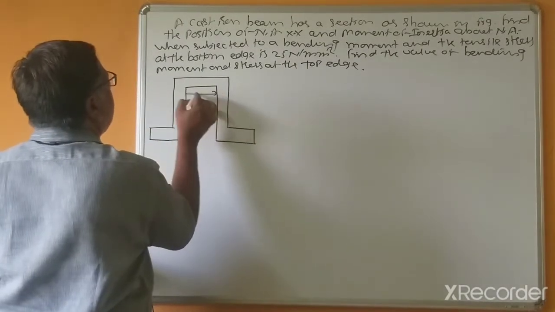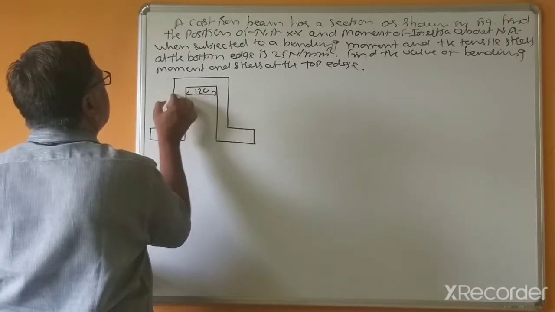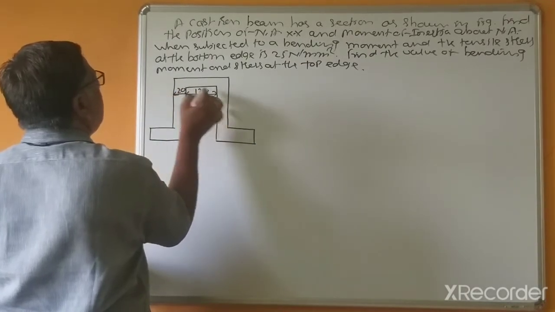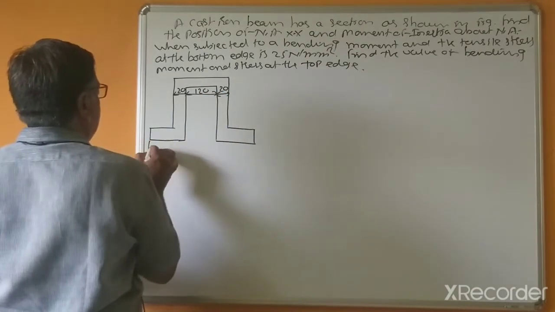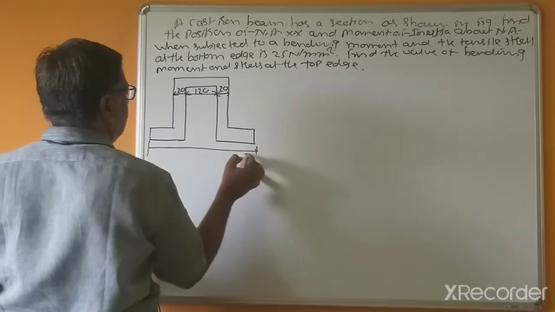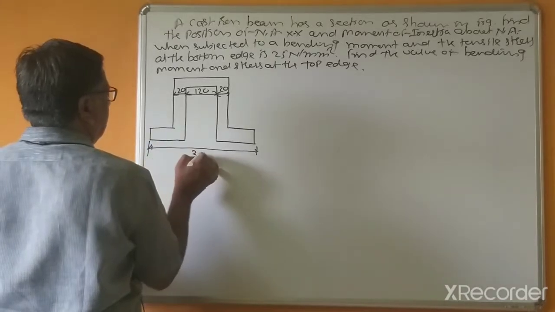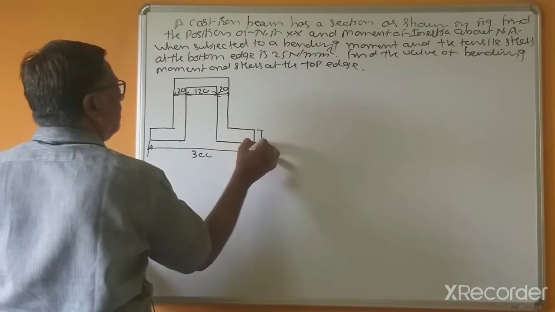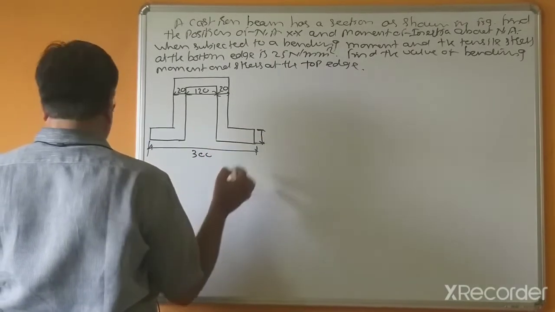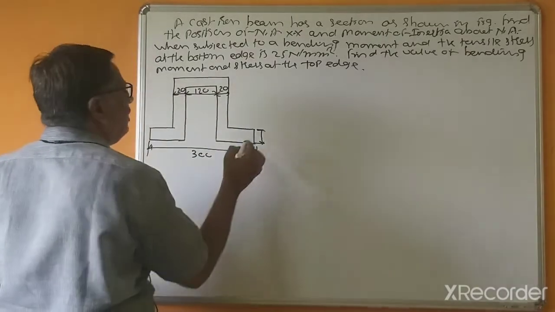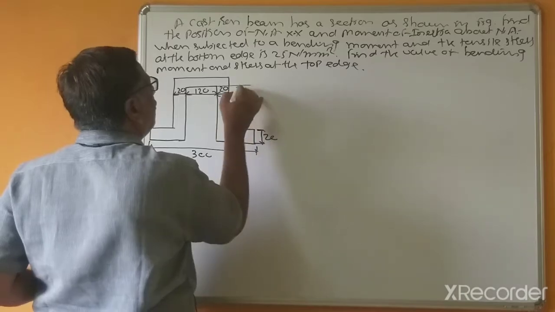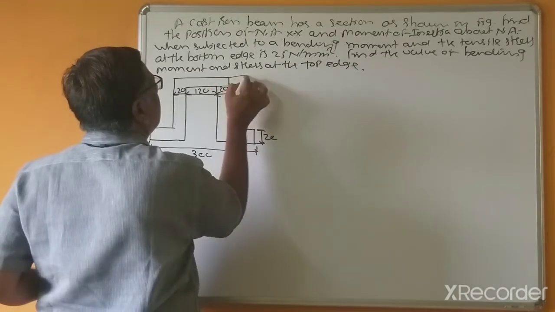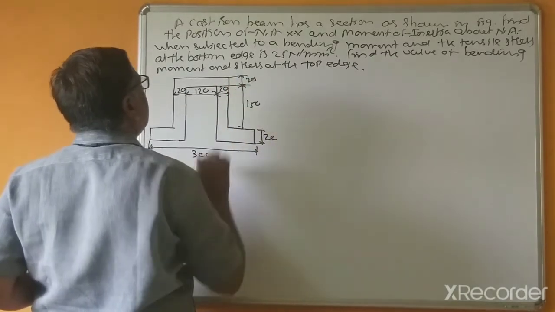This is 120, this is 20, this is 20, total 300. This is 20, 150, and this is again 20.